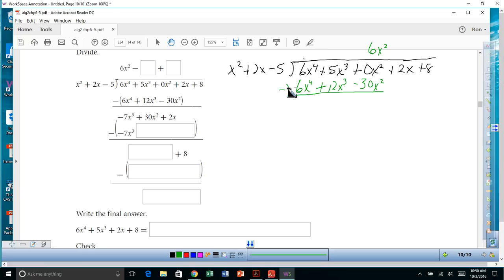So we're going to subtract this. 6x to the fourth minus 6x to the fourth is 0. So those cancel out. 5x cubed minus 12x cubed is negative 7x cubed. 0x squared minus negative 30, that would be plus 30x squared. Now you want to bring your 2x down.